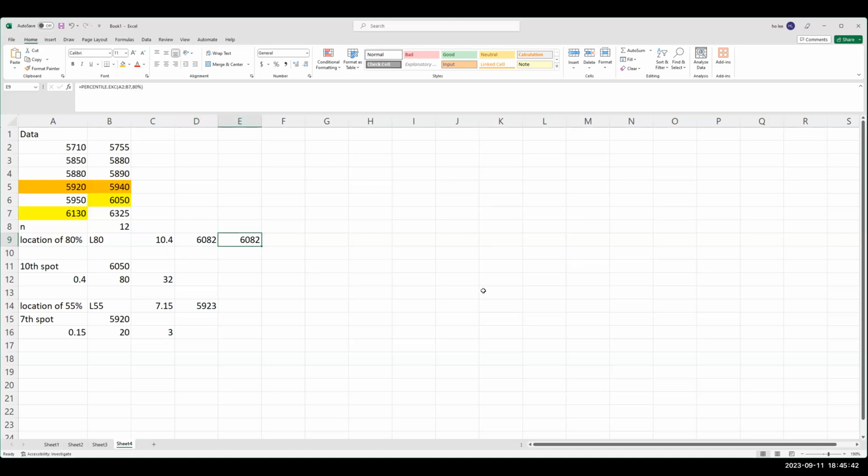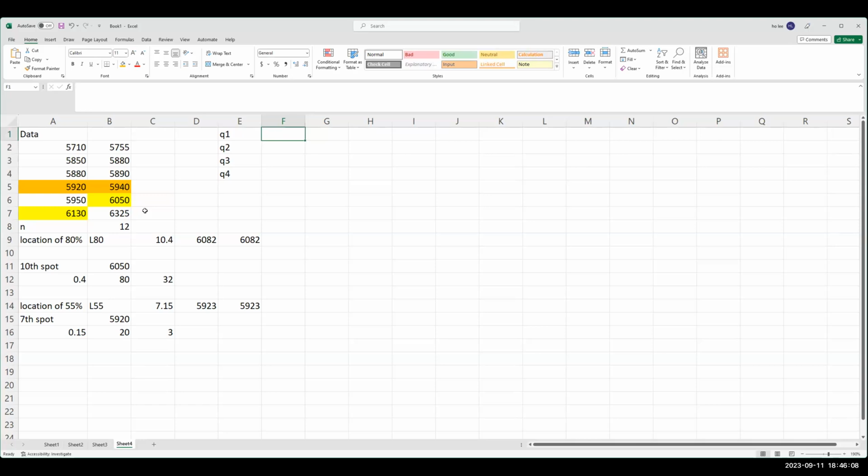You get it right there. For the 55th percentile, percentile.exc, stick in the data, comma, 55%. Get the same number.